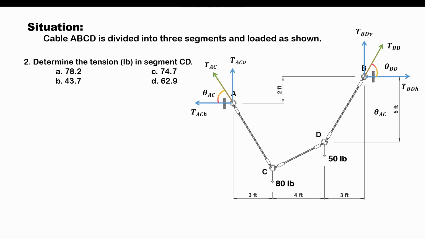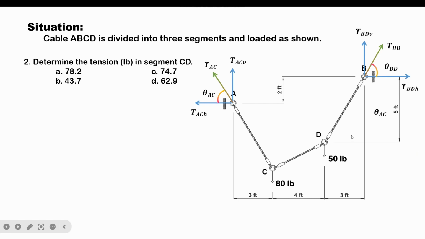Why? Because when we are using the method of joints, there are two applicable equations of equilibrium that we can apply. That is the summation of forces along horizontal and vertical. Meaning, if the unknown segment connected at that joint is not horizontal or vertical, then it would have a horizontal and vertical component, and those are the two unknowns that we can solve by using the aforementioned equations of equilibrium.